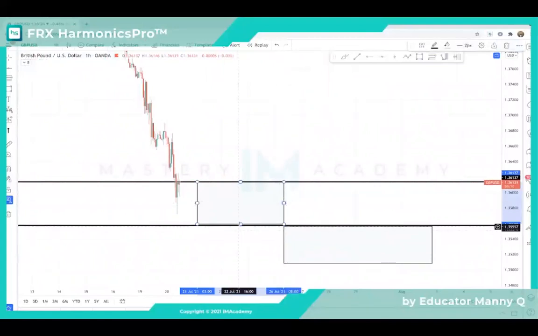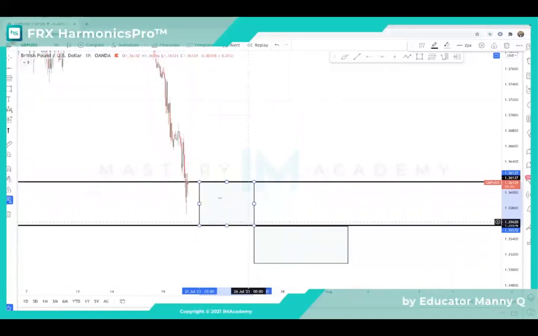And as we can see right now, it's pretty much dipping, right? It's starting to dip right into this area. So the market can even dip a little bit lower and then turn around. So these are the areas that I would look for a potential reversal on GBP USD.